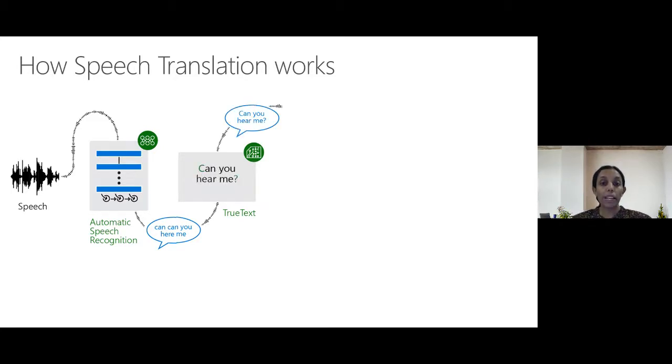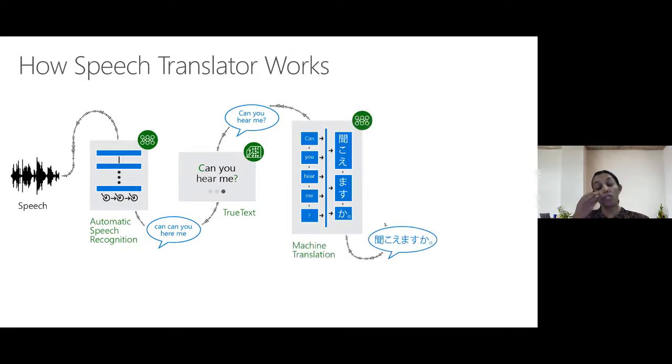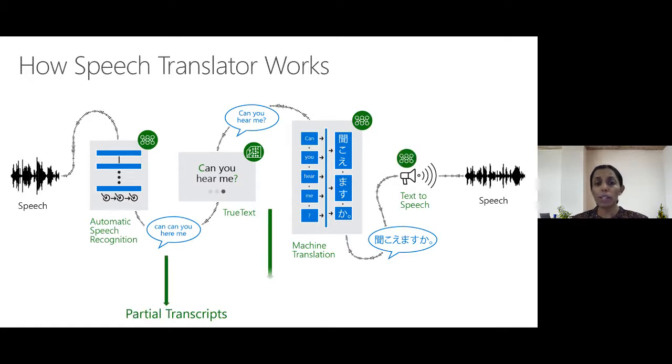Once that's done, it gets into the entire translation. Here's a case where I'm translating the text from English to Chinese, I think, and then it gives the text to speech, how it is spoken in the language. Throughout this process, it is helpful to sometimes get partial transcripts, final transcripts, and even partial and final translations.